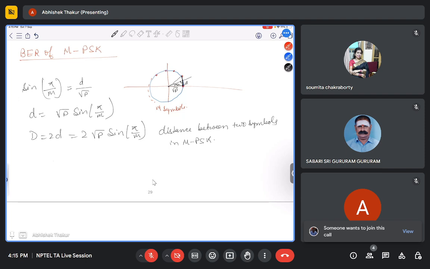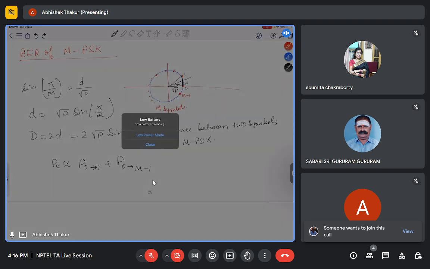So the probability of error will be, let's suppose this is our zeroth symbol, probability from 0 to 1, like if due to noise the first symbol is received, or the probability from 0 to M minus 1. Let's suppose this is our M minus 1 symbol. So if this value goes this side or this side, there will be an error.